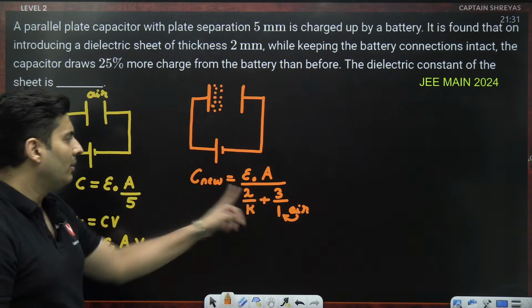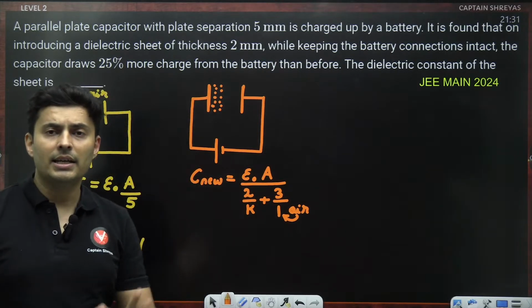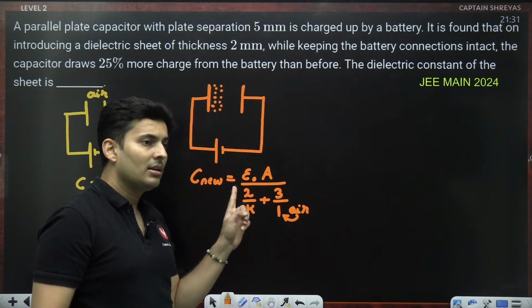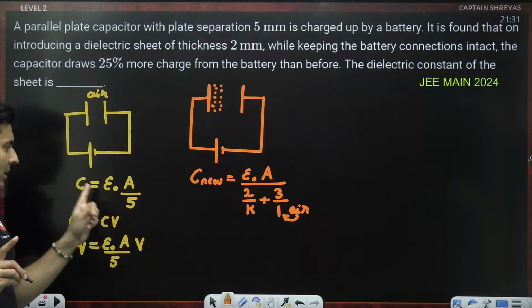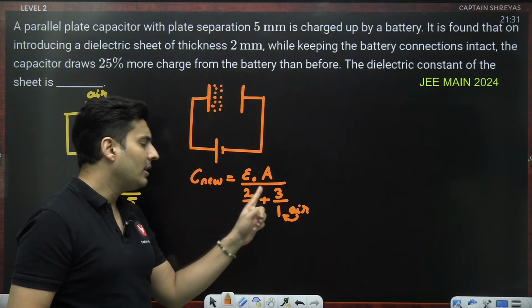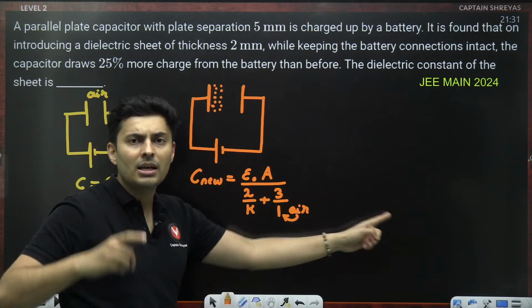That's the formula modified for a partially filled dielectric inside a capacitor. It's epsilon naught A by D for complete air, but if there is something, it is D1 by K1 plus D2 by K2, D3 by K3, summation.